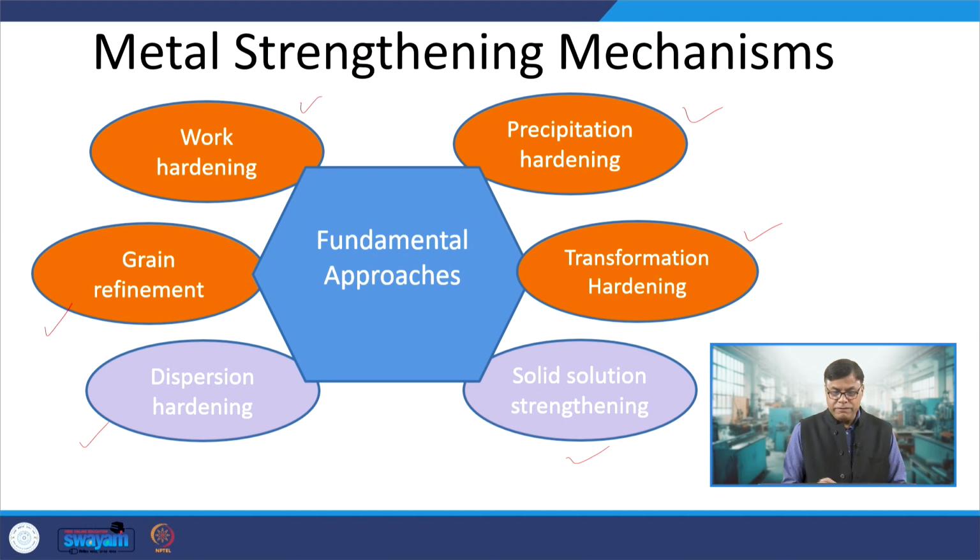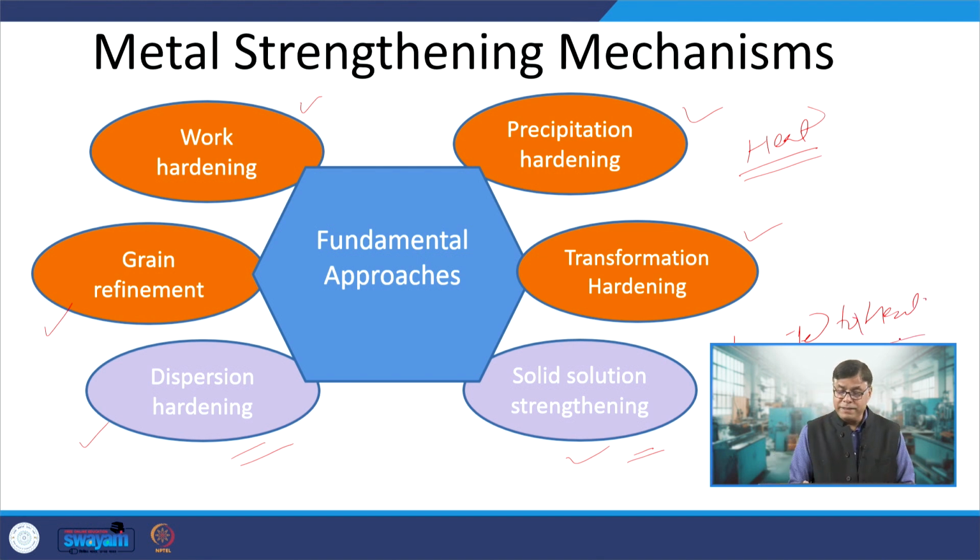The first four mechanisms, work hardening, grain refinement, precipitation hardening and transformation hardening, respond very rapidly to heat. While for the two mechanisms, dispersion hardening and solid solution strengthening, the response is limited to the heat applied.